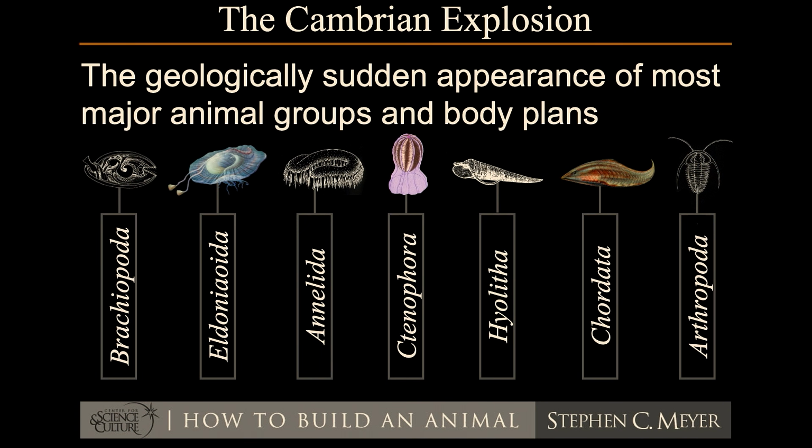And when we get to this period of the Cambrian, there are all these new animals that come into the fossil record that have never existed before, and each of them exemplify a unique body plan. And so you have the first arthropods, exemplified by the trilobite.